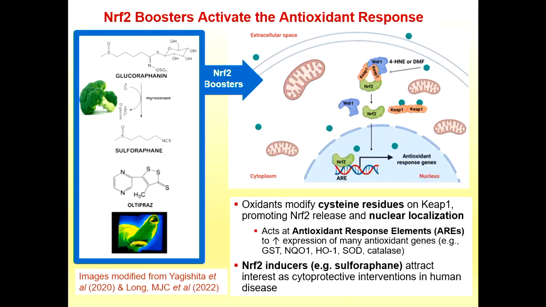They modify KEAP1, which normally binds NRF2 and sends it off for proteolytic breakdown by proteasomes, but the binding of a molecule to KEAP1 disrupts that process and liberates NRF2.